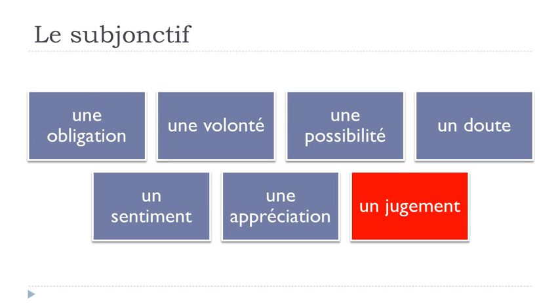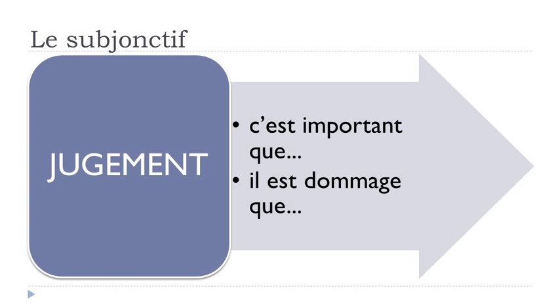And then un jugement, judgment, so it could be c'est important que, it's important that, il est dommage que, il est regrettable que, and they should be followed by a subjunctive form.